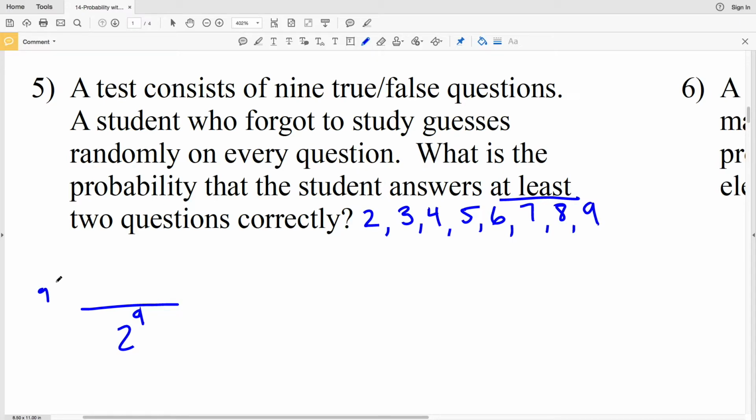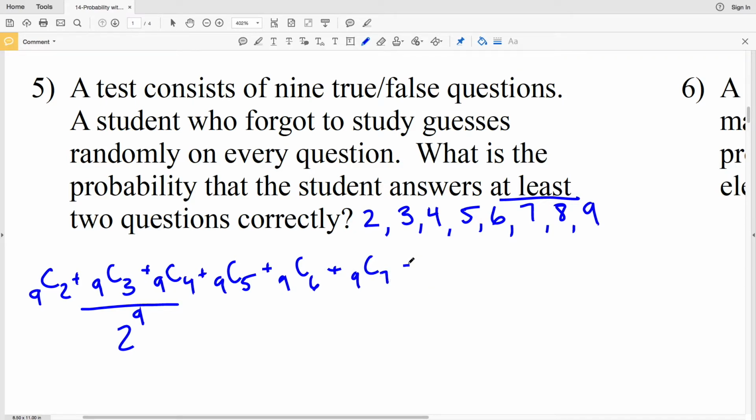So that's going to be 9 choose 2 plus 9 choose 3, getting 3 correct, plus 9 choose 4, getting 4 correct, plus 9 choose 5, 5 correct, plus 9 choose 6, getting 6 correct, plus 9 choose 7, plus 9 choose 8, plus 9 choose 9.